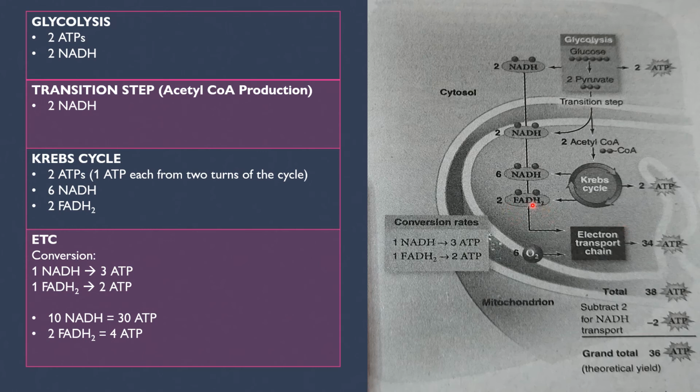According to the conversion table, every FADH2 is equivalent to 2 ATP, so that gives us 4. So 30 plus 4 gives us a total of 34 ATP, but we still have to account for the other ATPs produced in the Krebs cycle and in glycolysis, so that gives us a total of 38 ATPs.